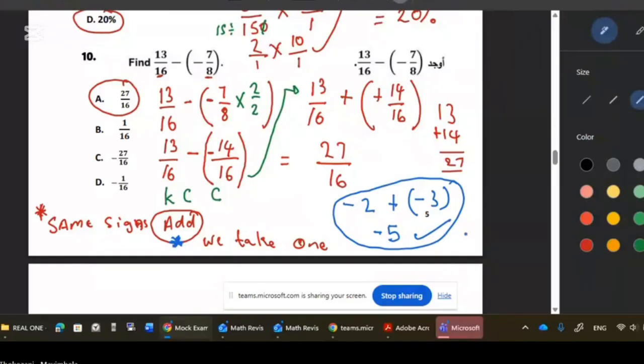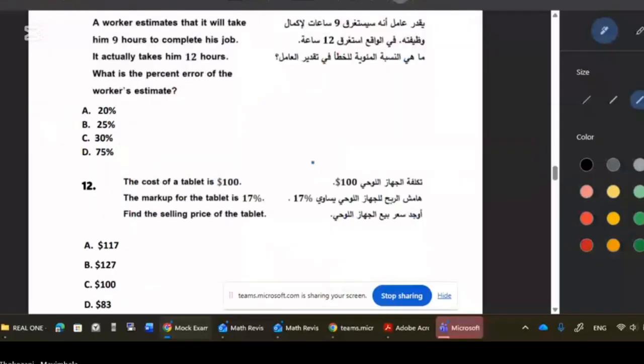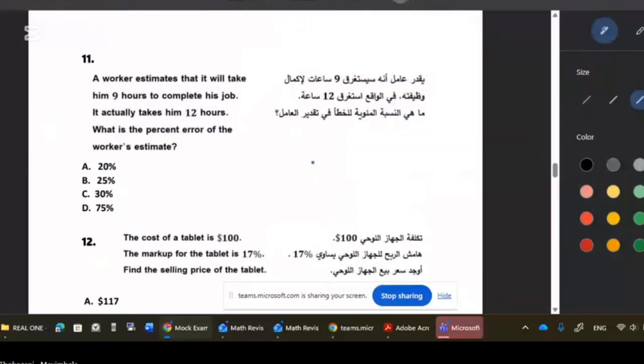Okay? Let's move on to the next one. Now, number 11 is also very interesting. It talks about estimates. So now here we are looking at a percent error. This is one of the topics that we did, and it's also there in your EOT. It says here, a worker estimates that it will take 9 hours to complete his job.